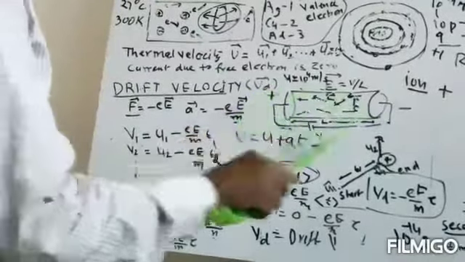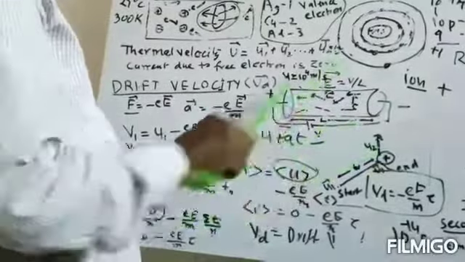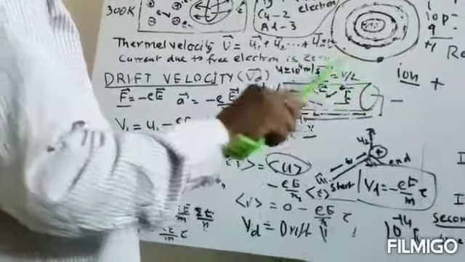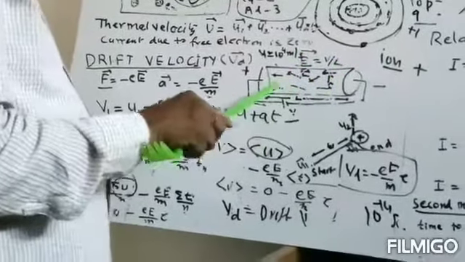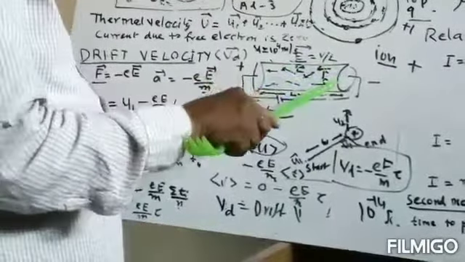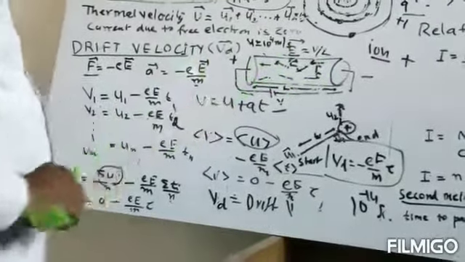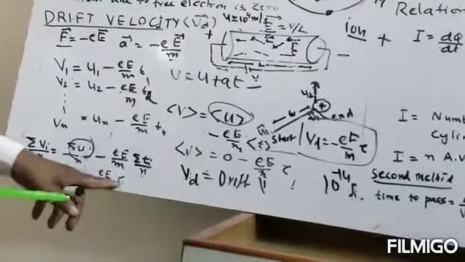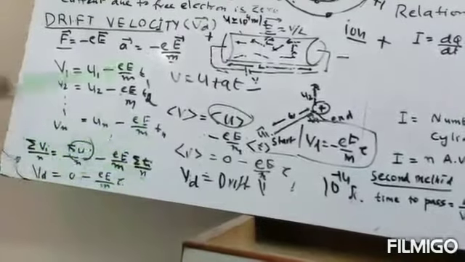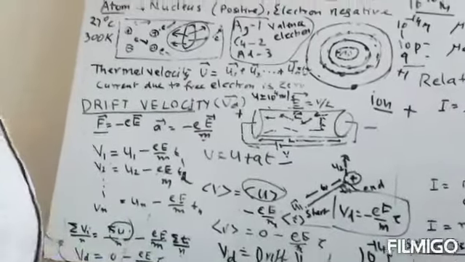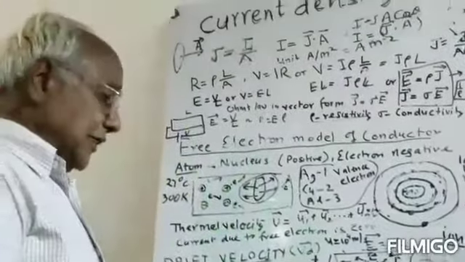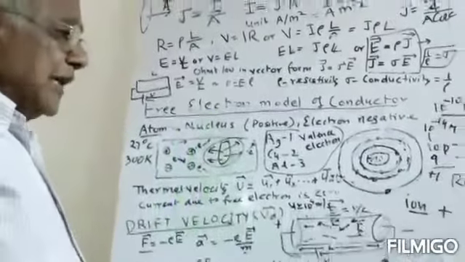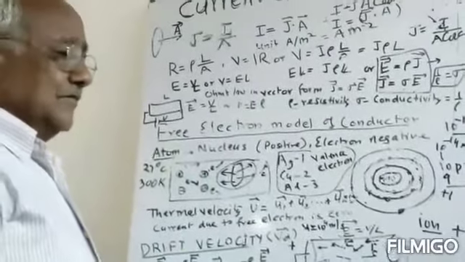Now, when we connect it with the external battery, the electrical field will be from positive to this direction, and the electron will drift in the direction opposite to the electrical field, and the drift velocity will be equal to minus small e capital E by m into tau. So we can define the drift velocity as the average velocity of free electrons in the direction opposite to the electrical field.